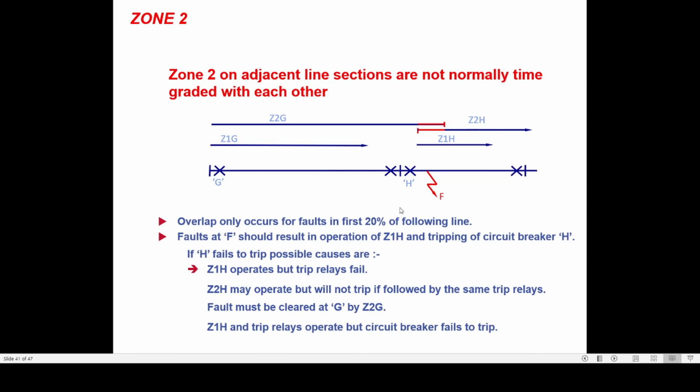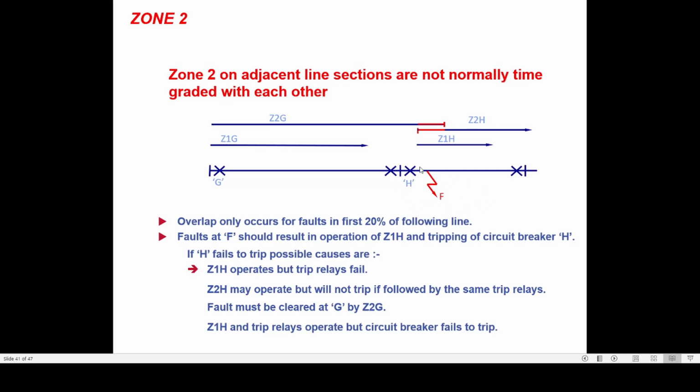If the circuit breaker fails to operate, there are again two cases. One case is that the relay at H operates, but the tripping relays, which extend the trip command to the circuit breakers, fail to operate.